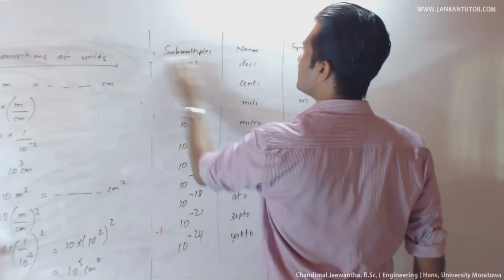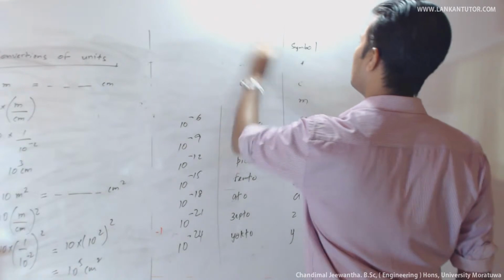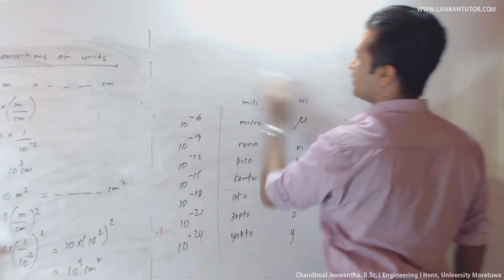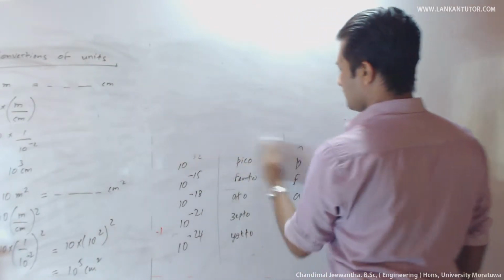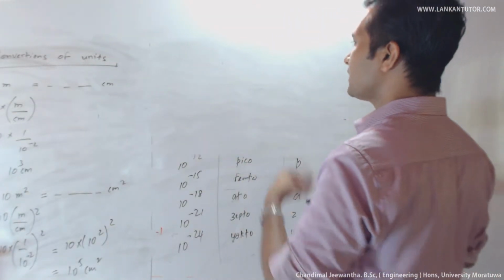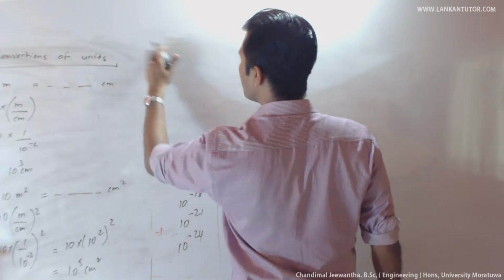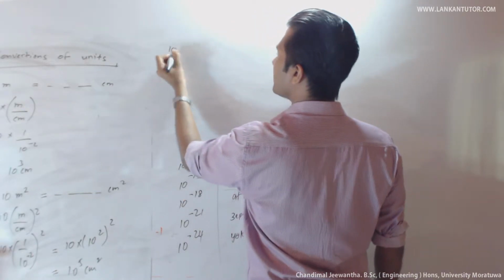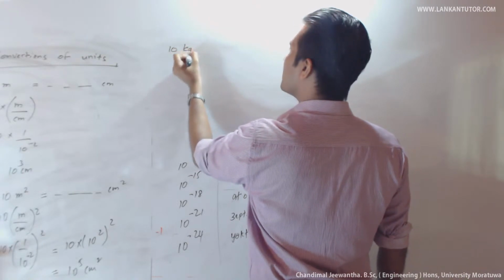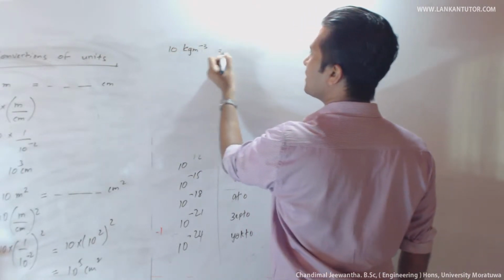Now we can consider a unit with different units. For example, 10 kg m minus 3.